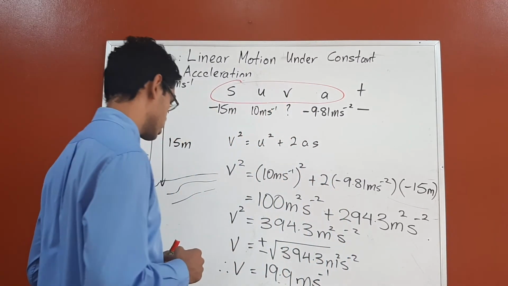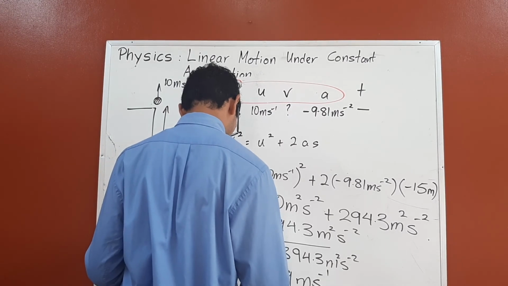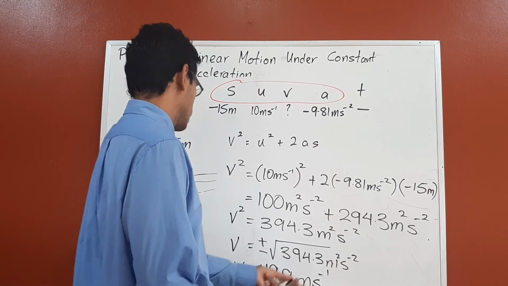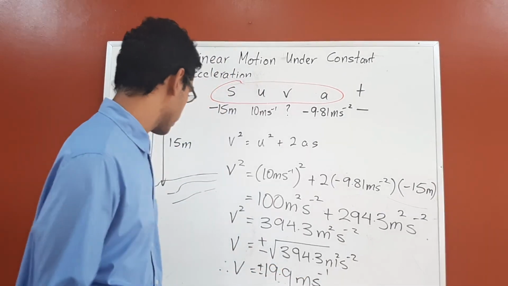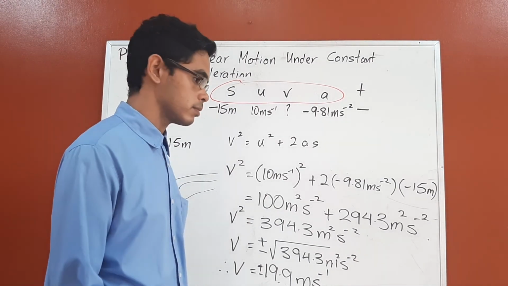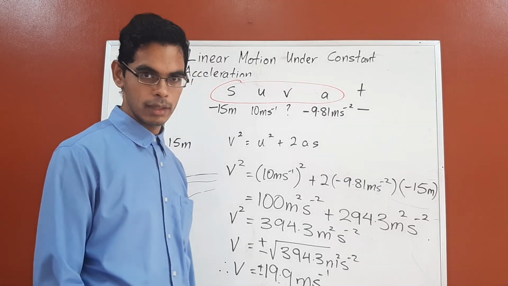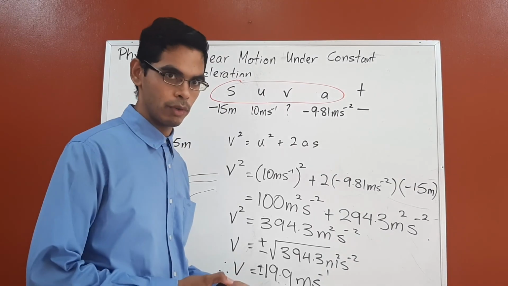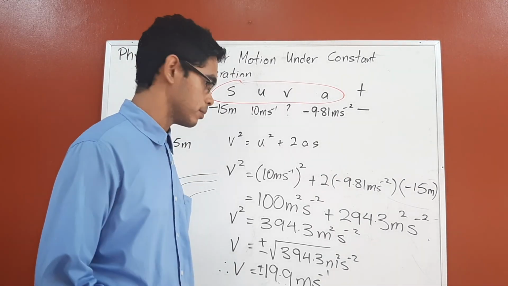So the answer is plus or minus 19.9. But that can't be right. The speed, the velocity when it's hitting the water can't be plus or minus 19.9. It can't be going up or going down. I mean, if this was quantum mechanics and a particle in some field, then maybe. But this is not about that. And a ball would never go up and down at the same time.